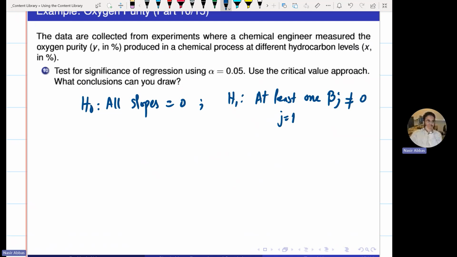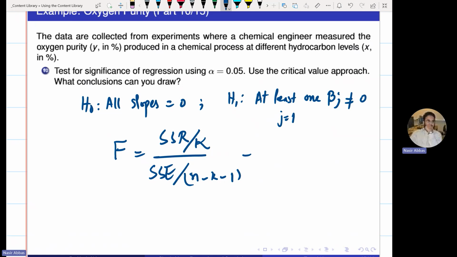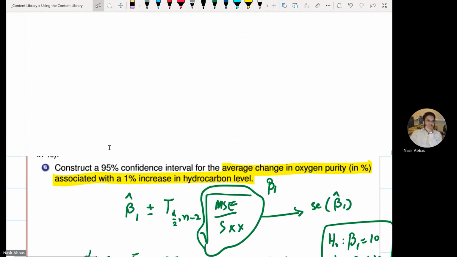So for this one, we have in the formula sheet the F statistic, which is SSR over the number of features. Let me write again the general version, divided by SSE over n minus number of features minus 1. So we already found SSR for this example. What is SSR?